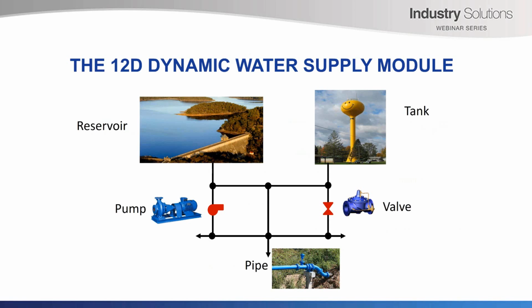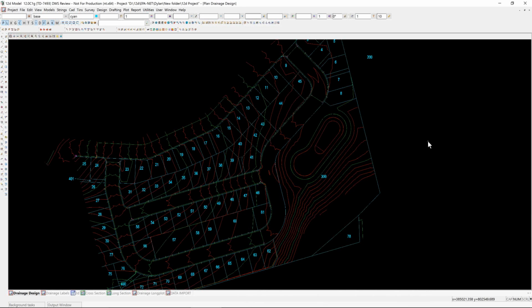So we're going to look at a simple project, so I might just start up a project. What we're going to start with is a drawing that will become part of a subdivision submission. This is an AutoCAD drawing that we got from a client who is ready to submit this for a water supply design.